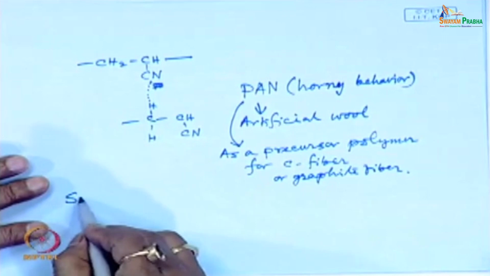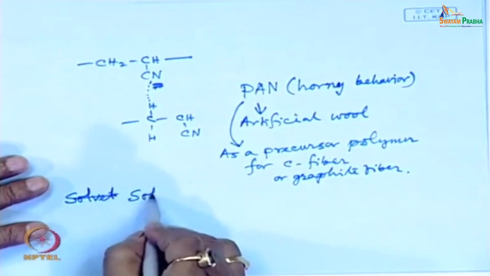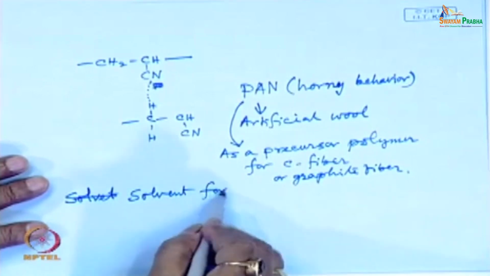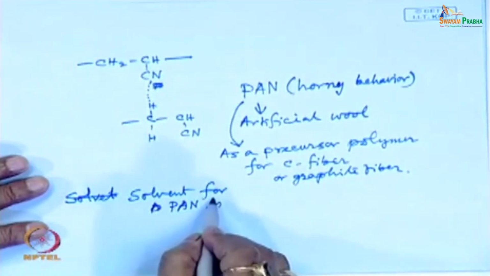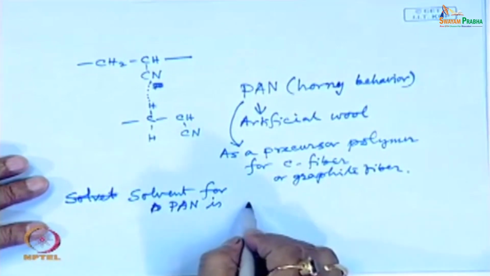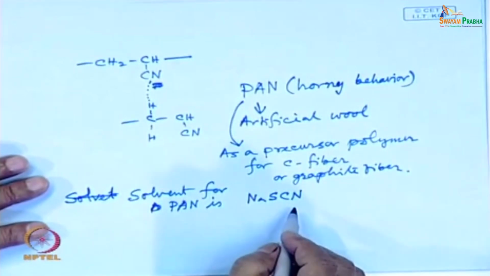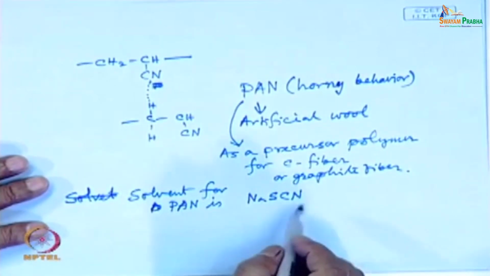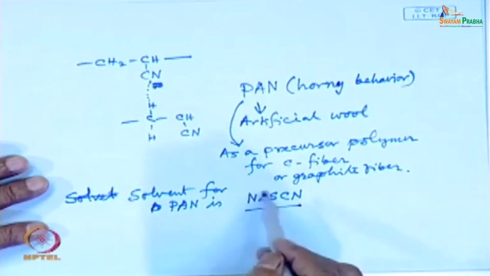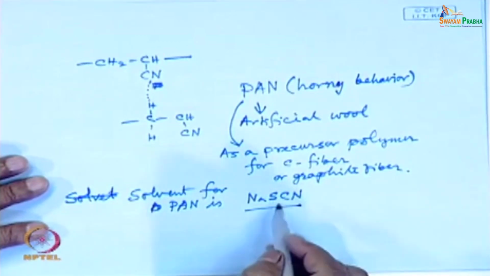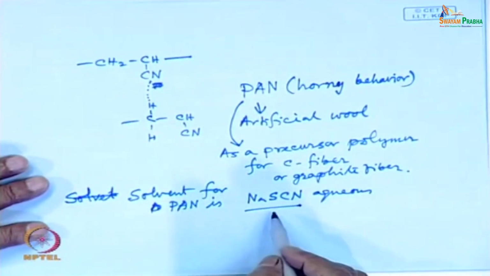The solvent for PAN is sodium thiocyanate, NaSCN, in which it is highly soluble, aqueous sodium thiocyanate solution.